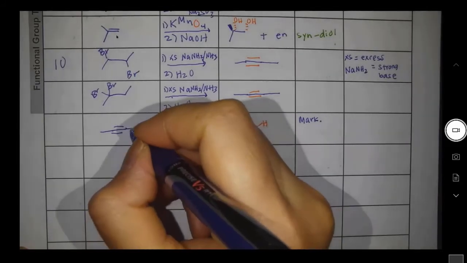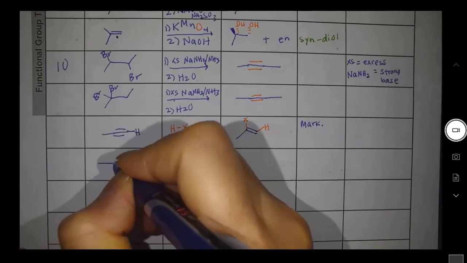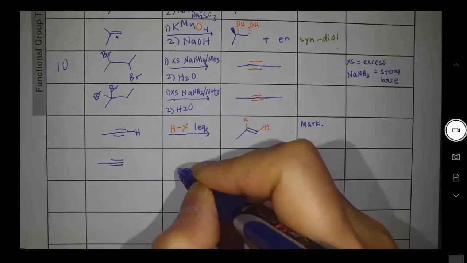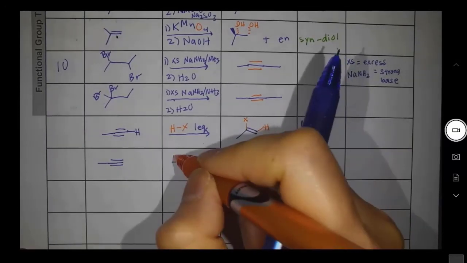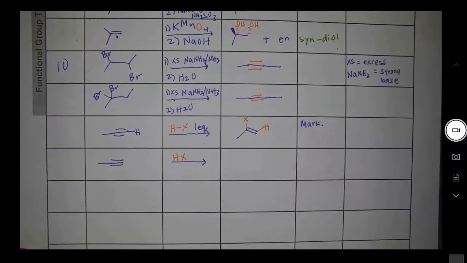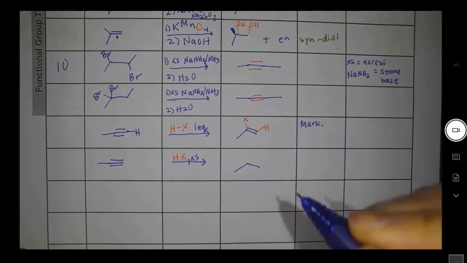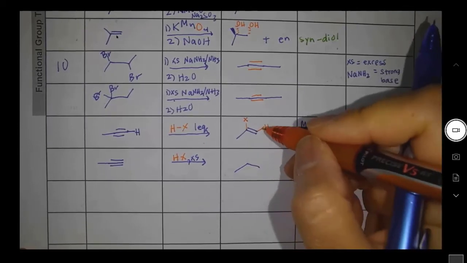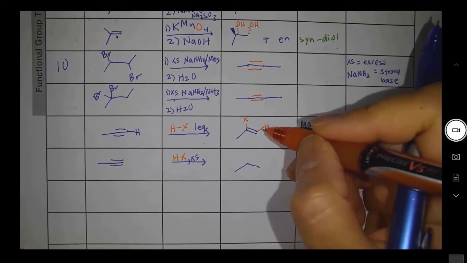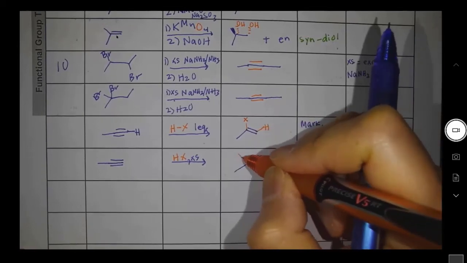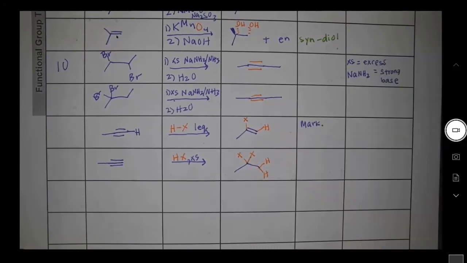All right, and that's with the terminal alkyne. This is also a terminal alkyne. Here we're going to add HX again. But now this is in excess, so there's lots of it around. And once the X forms like it does in this reaction here with the 1 equivalent, the HX can react again, and that X will still go to the more substituted, and the H will go to the carbon with more H's.